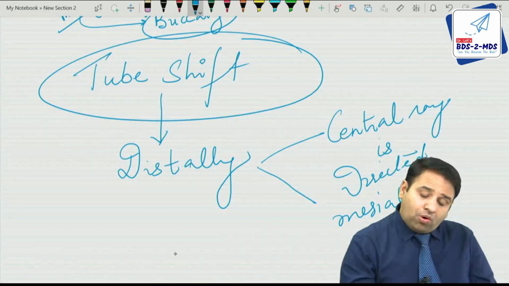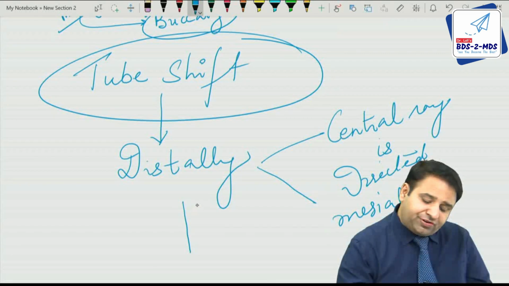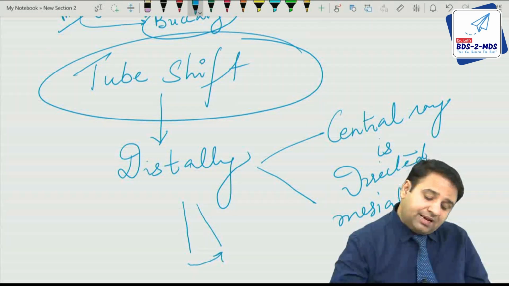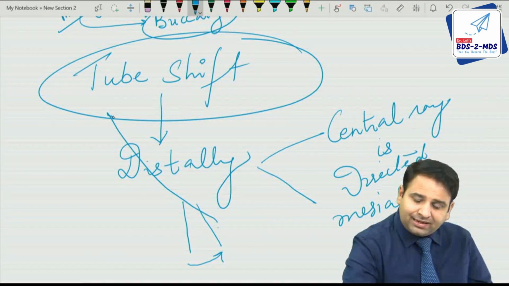Because suppose this was the normal position and like this you have shifted the tube distally. If you shift the tube distally, the central ray is going mesially, right?